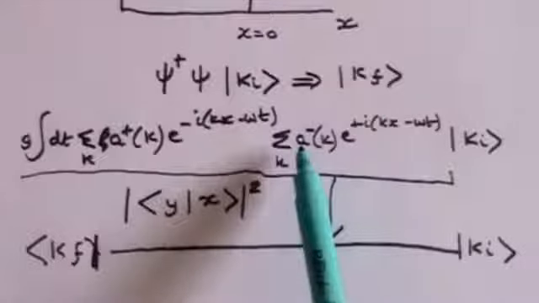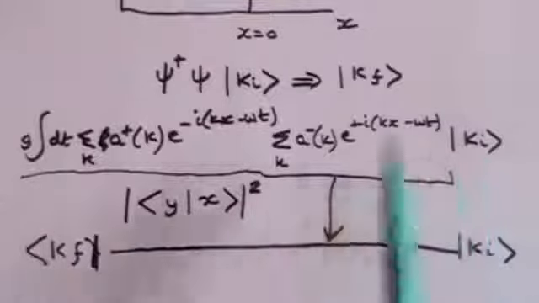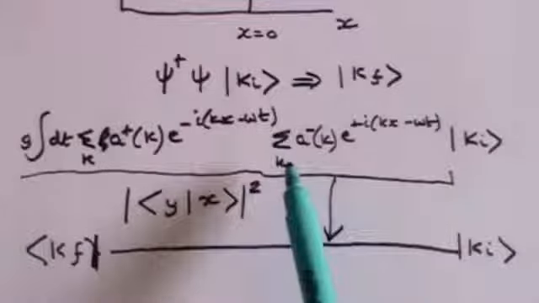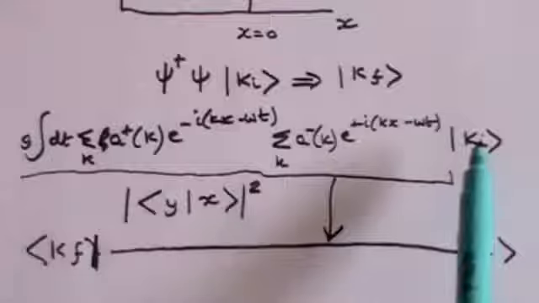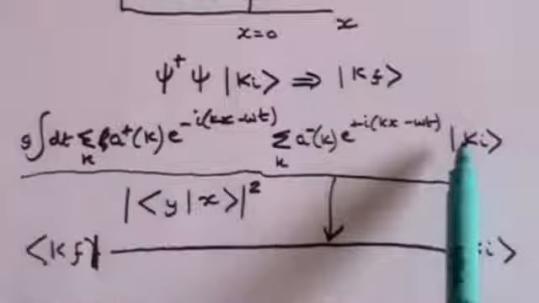The only particle that exists to annihilate is the one that has a particular value of K, which is K initial. So this will cycle over all the values of K and do nothing until it gets to K equals Ki. And when K equals Ki, A minus will annihilate it.